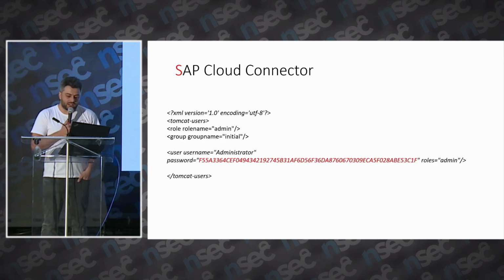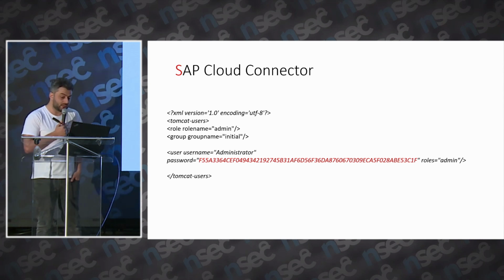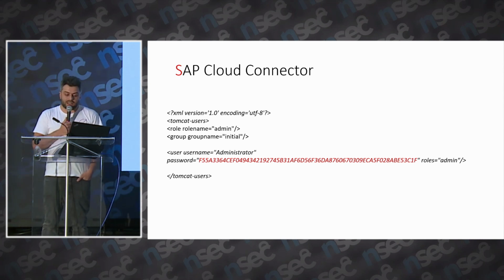We connected to the SAP Cloud Connector by SSH and started to analyze the system. As the SAP CC is based on Tomcat, the password was in the users.xml file, here in hashed mode.